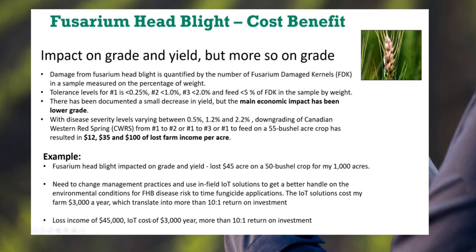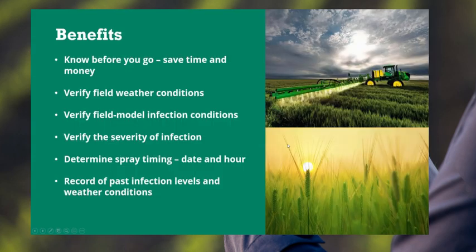So if I spent $3,000 on my IoT device for a year, I'm returning more than 10 to 1 on my return on investment for that particular IoT device to provide you the precision field forecast for Fusarium development risk, mycotoxins, and infections. So the benefits are, you know before you go, you save time and money to those fields.